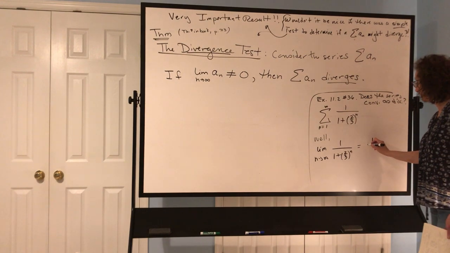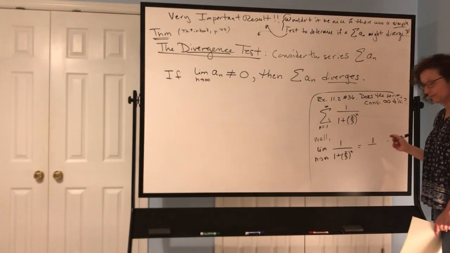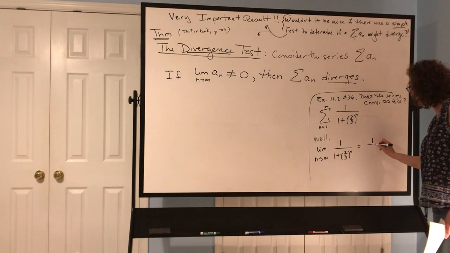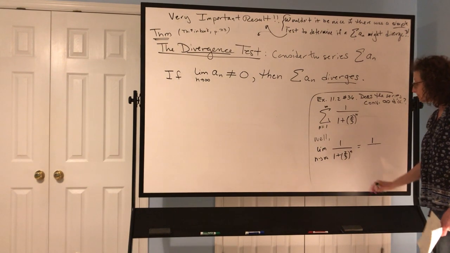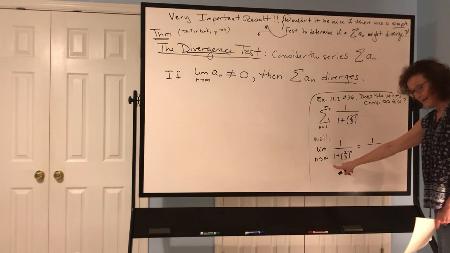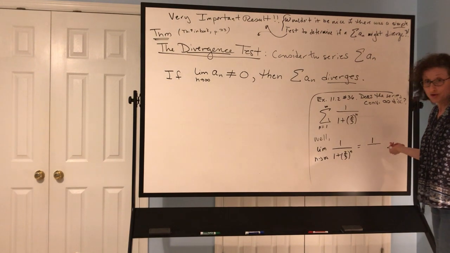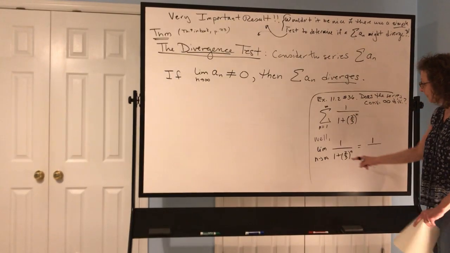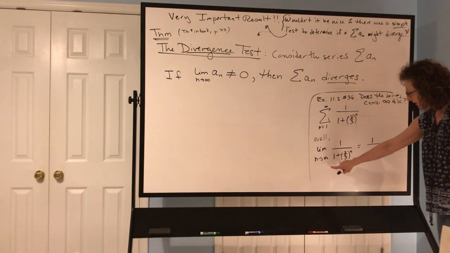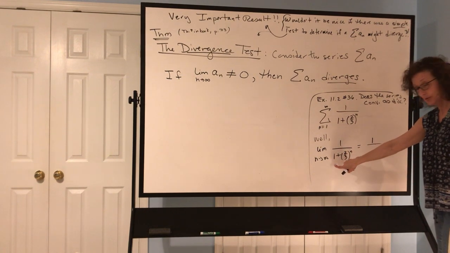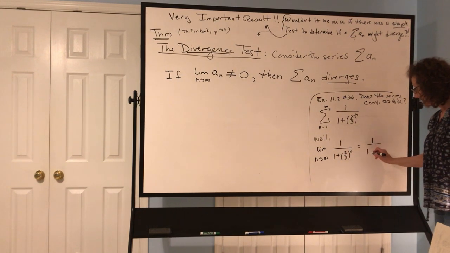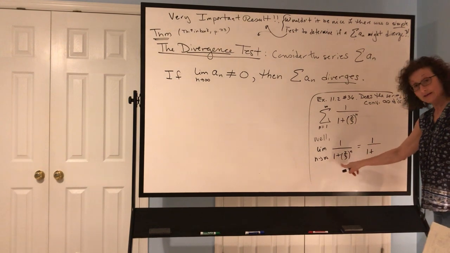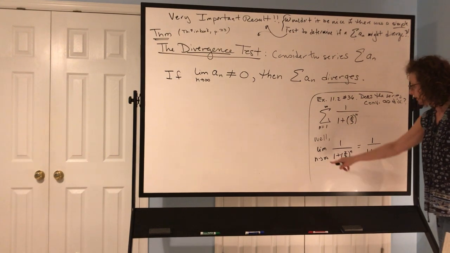The limit of a constant is the constant, using the limit rules from last section. Now let's look at the denominator. We know it's not going to be indeterminate. Using the quotient rule and sum rule for limits, I have the limit of 1, plus the limit as n goes to infinity of (2/3)^n.